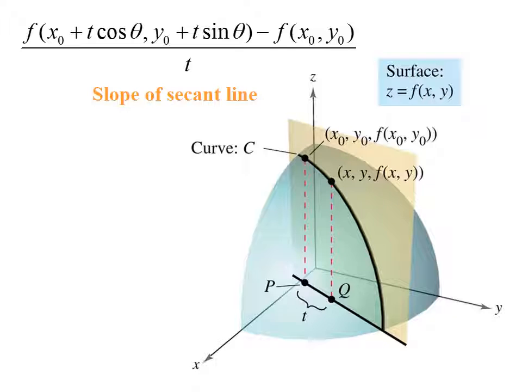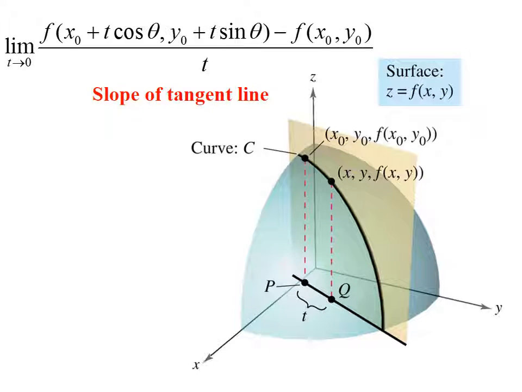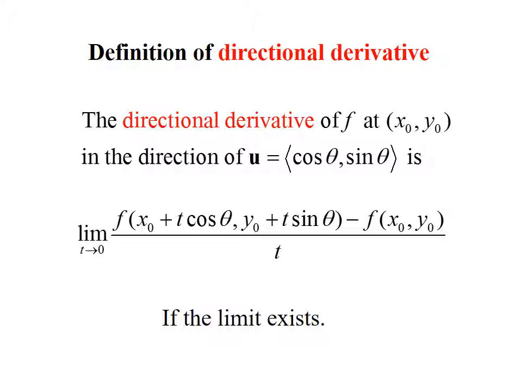That is the formula for the slope of the secant line, again in terms of the point x naught, y naught, the vector cosine theta, sine theta, and some parameter t. Well, if that's the slope of the secant line, we can take the limit of that as t goes to 0 and get the slope of the tangent line. So this is where the definition of the directional derivative comes from.